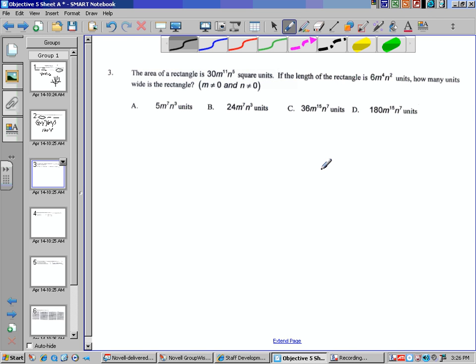This one says the area of a rectangle is 30 m to the 11th n to the 5th power if the length of the rectangle is 6 m to the 4th n to the 2nd. How many units wide is the rectangle? Well, I know that area is length times width.